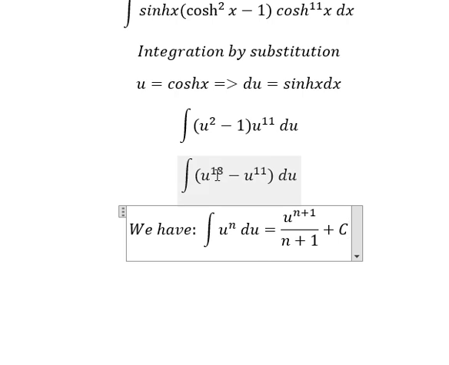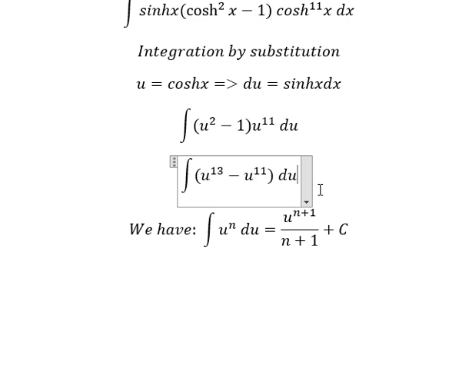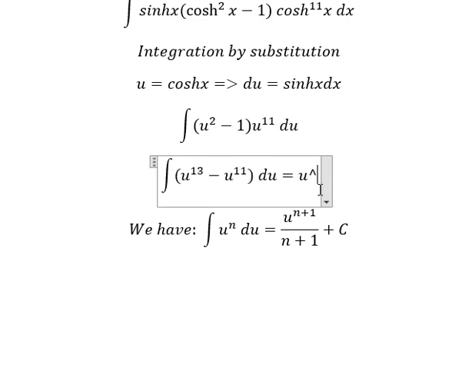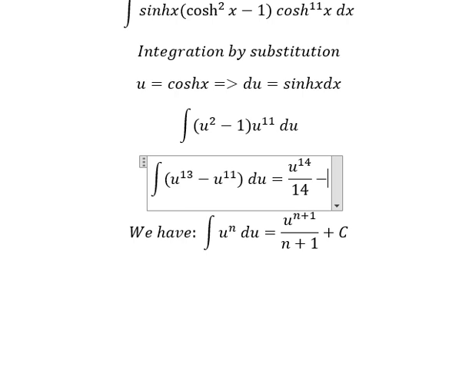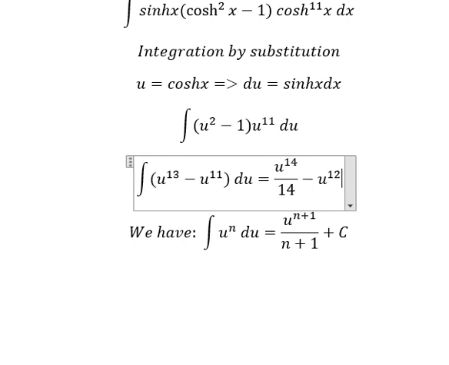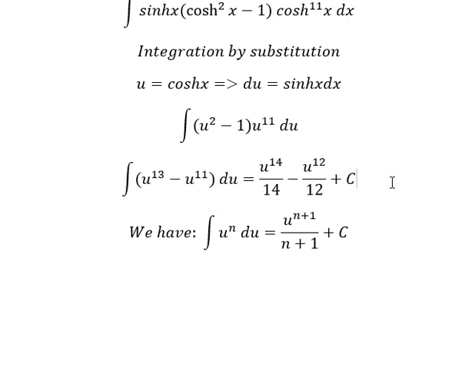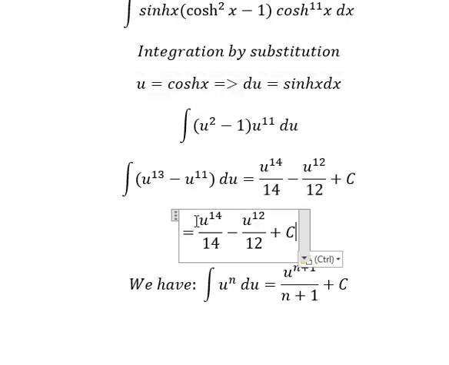So we put number 13 here. So 13 plus 1 we have 14. The next one is about number 12, about u that is about cos s.